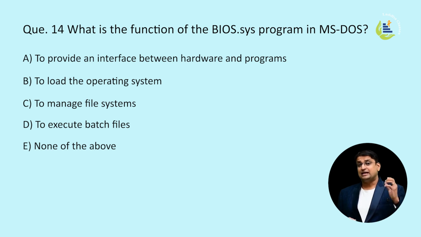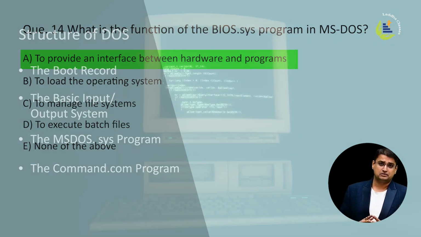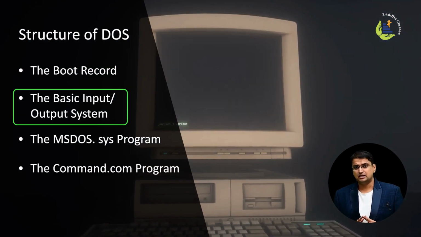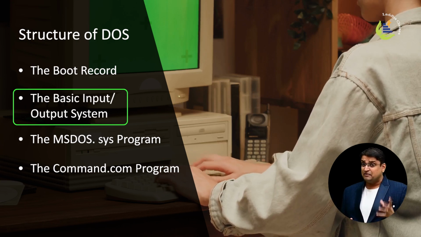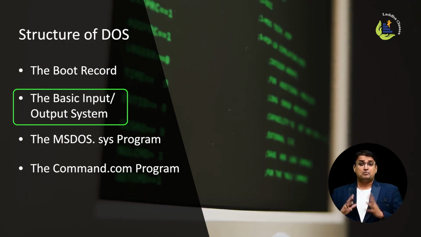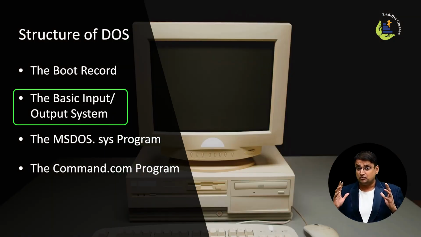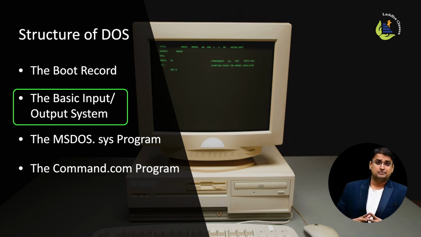Correct answer option is A, to provide an interface between hardware and programs. Because the BIOS.sys program in MS-DOS acts as a low-level system program that provides the necessary interface between the operating system and the hardware components, like the keyboard, screen, and storage devices.